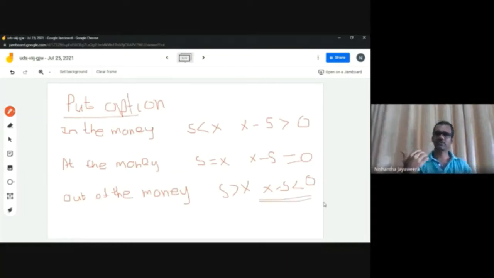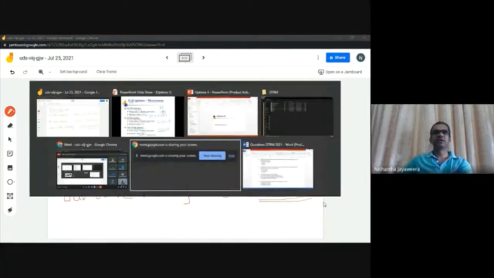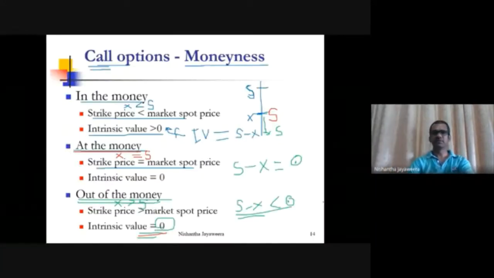So there's no payoff. We don't get any negative payoff from an option, because we don't exercise our right when the option is not in our favor.